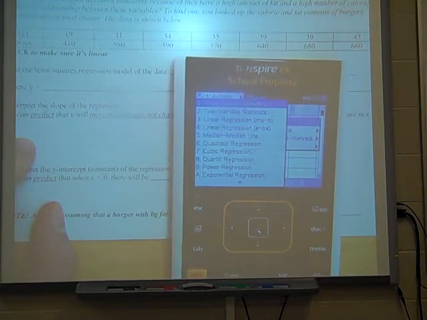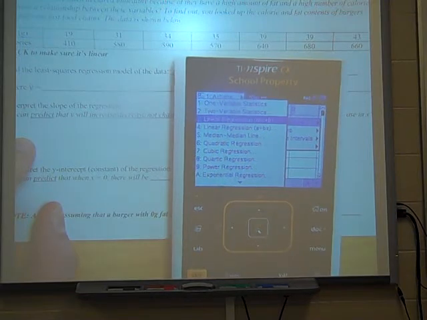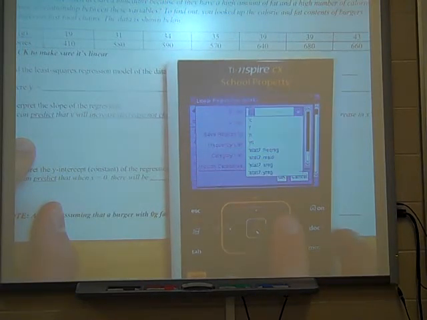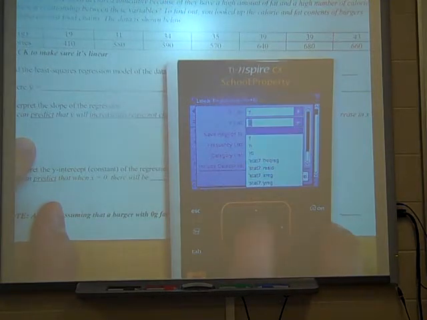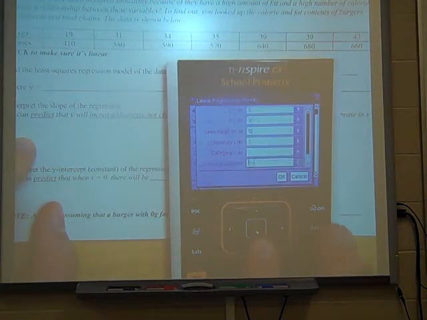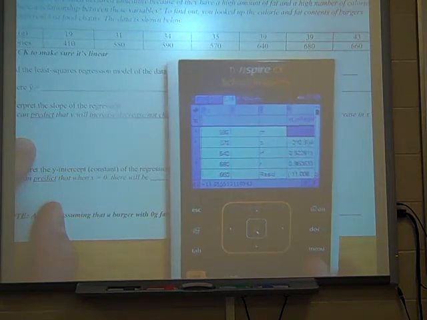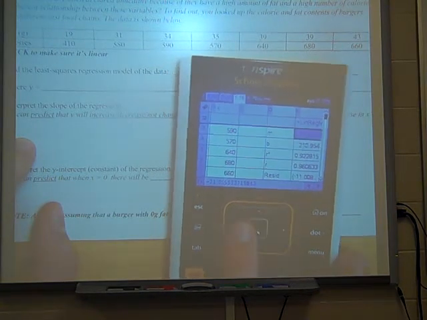Okay, then number 3. So I'm using fat as my explanatory, calories as my response, and then there's my M and my B, right?